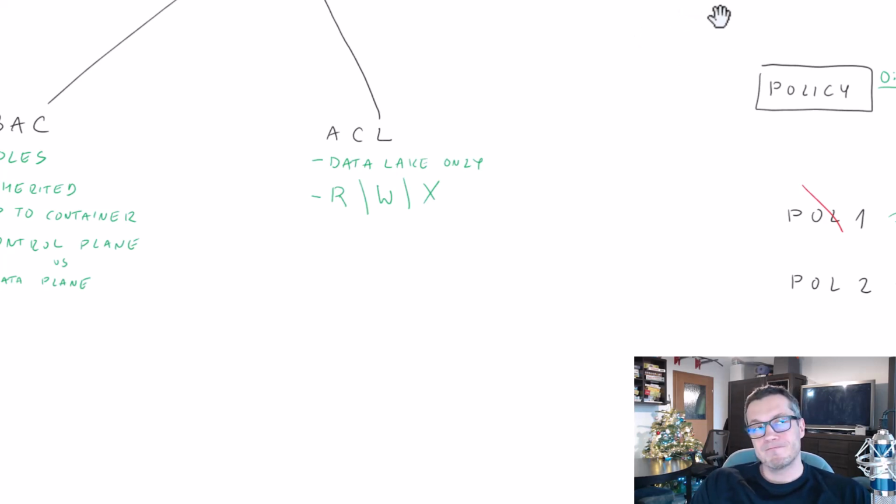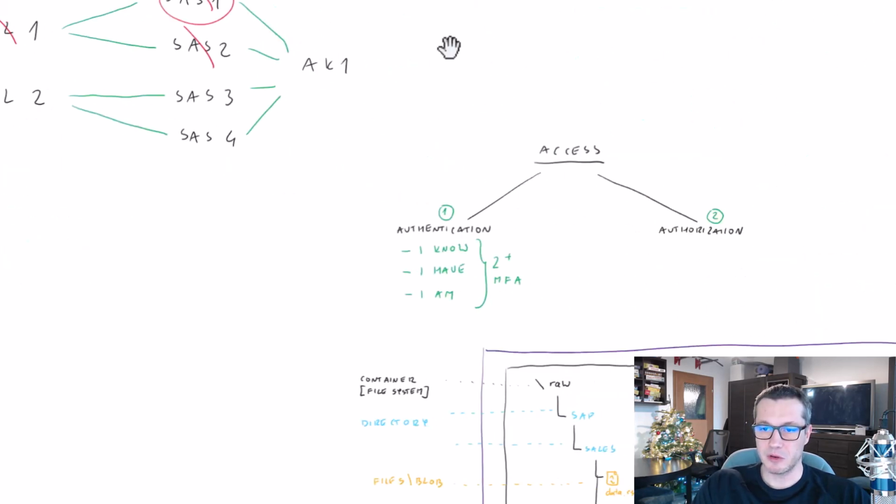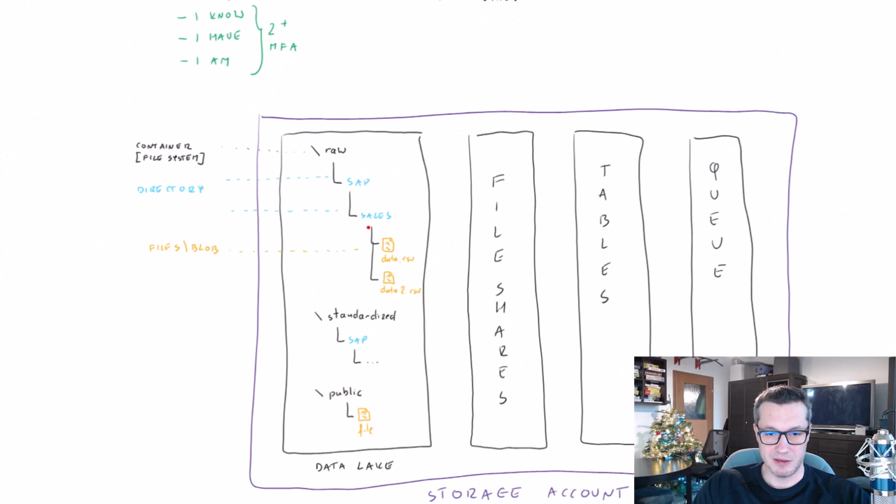And when we think about those three types of permissions, they have a little bit different meaning when we apply them to a file or to a directory. Files, in our case, are those two yellow ones, and directories and containers are above.